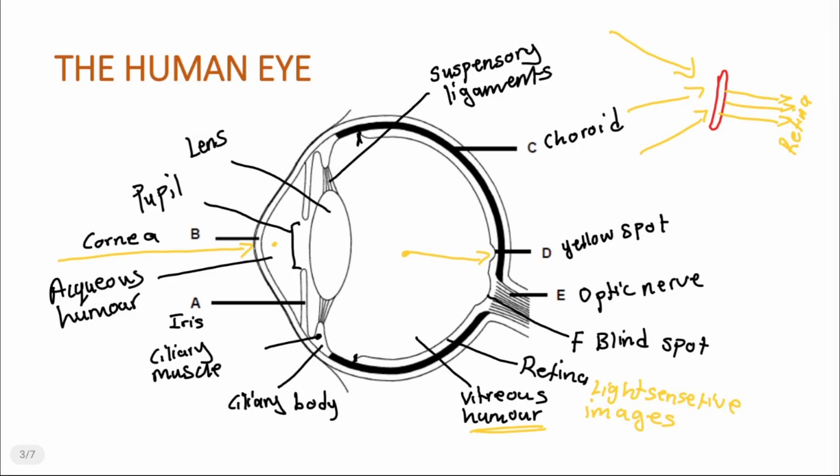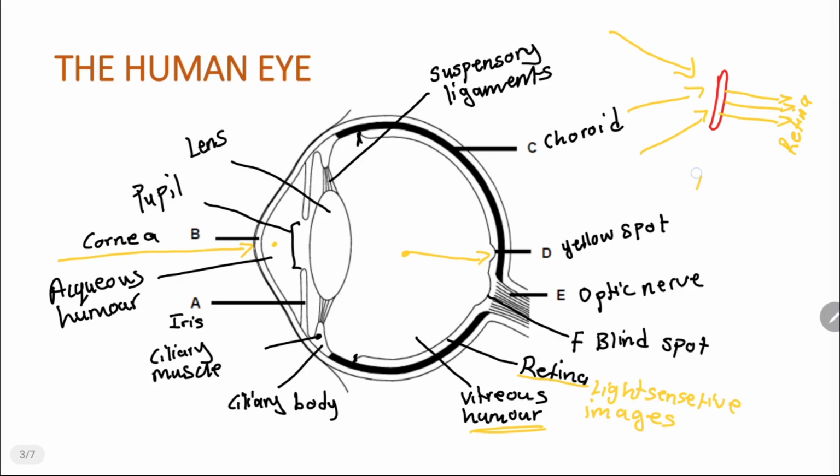So when we say in the retina, there are receptors that are called the photoreceptors, we are simply saying these are receptors that are sensitive to light. So when these receptors are stimulated by light, they are going to convert that stimulus of light into a nerve impulse, right? So these are the type of receptors that are found on the retina.